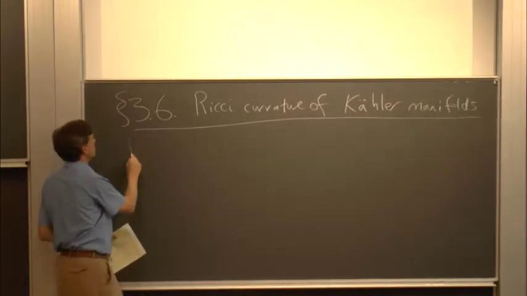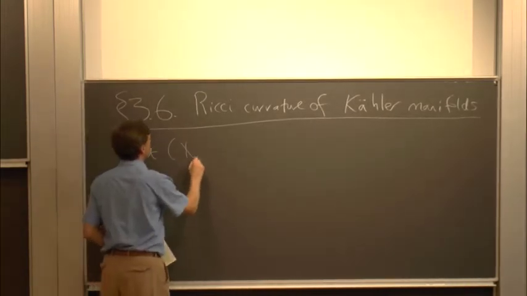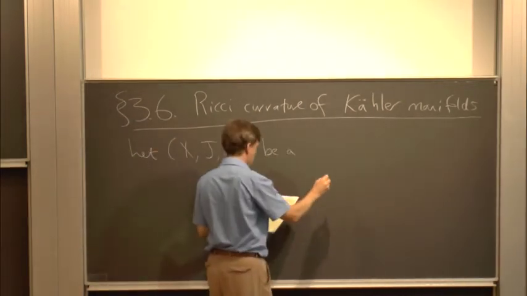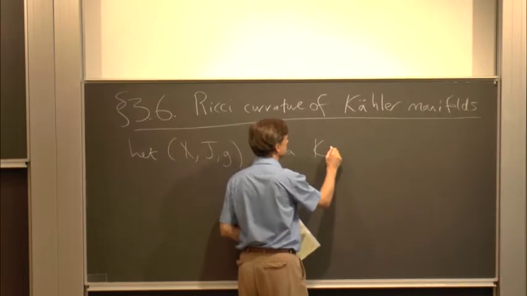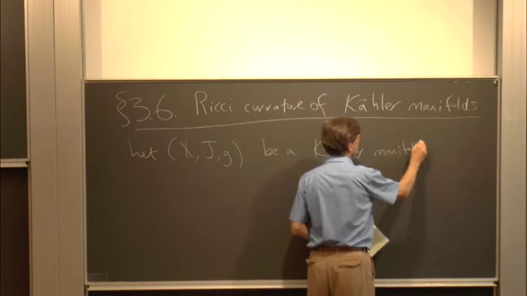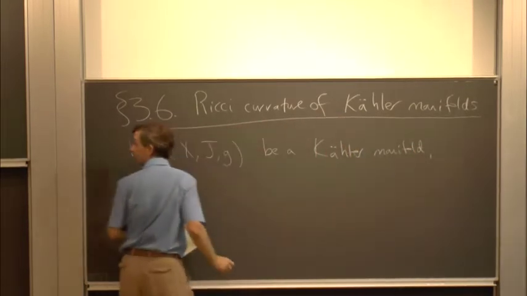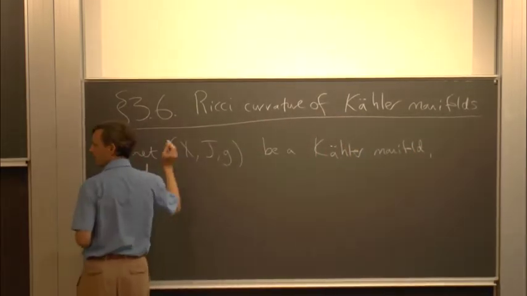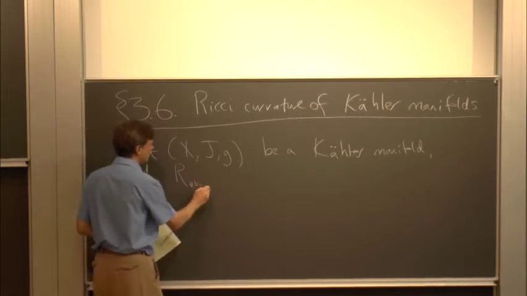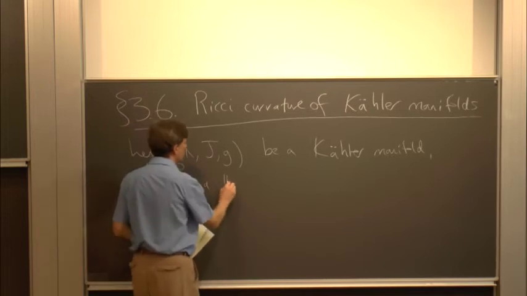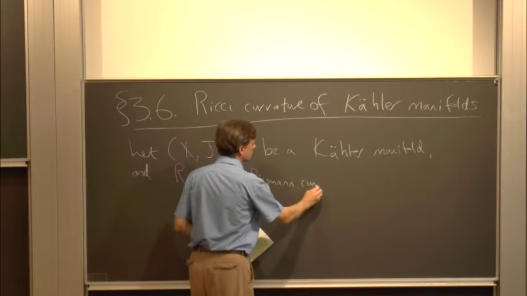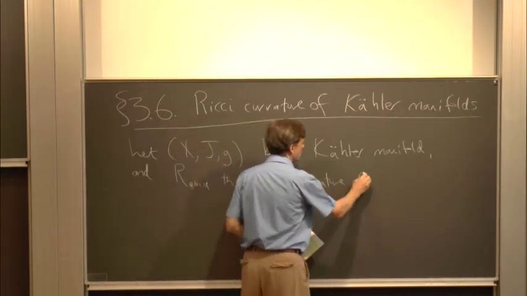Okay, so if we let (X, J, g) be a Kähler manifold, and R_abcd the Riemann curvature of g.